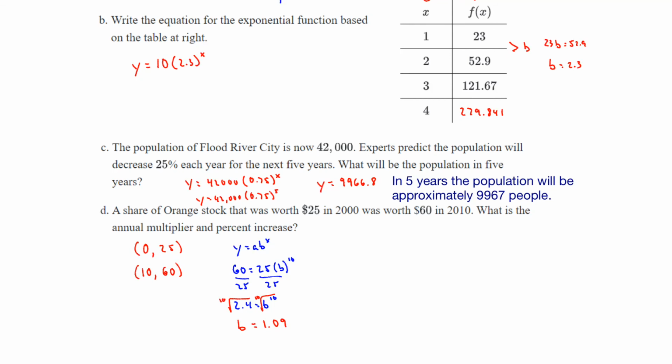So the multiplier is approximately 1.09, and it could be exactly because of where we're going here. Remember, we started at 100, so that would be 1, and then that 9 represents the 9%. So percent increase would be 9%.